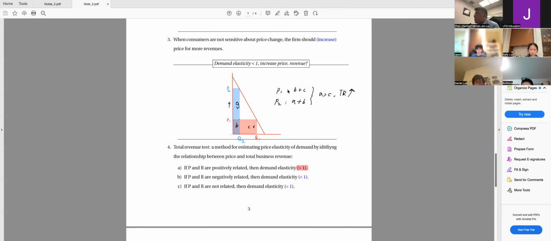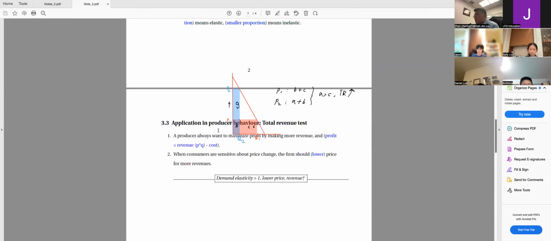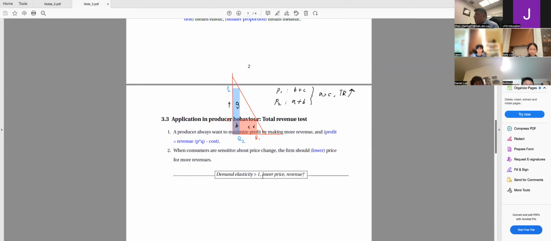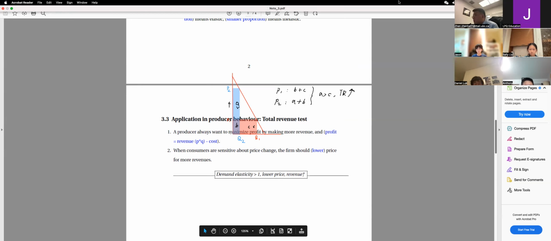As a business owner, as a firm, this is how you do your pricing strategy. You can increase your price or lower the price, but it depends on your targeted consumer. If you know they care about price changes, using our first graph, you can prove that if you lower the price, your total revenue will increase.